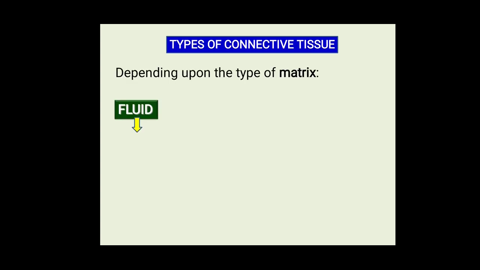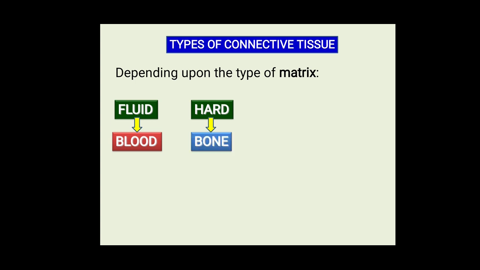Now the different types of connective tissue depending upon the type of matrix. So if the matrix is fluid, then example is blood. Matrix may be hard, so example is bone and cartilage.